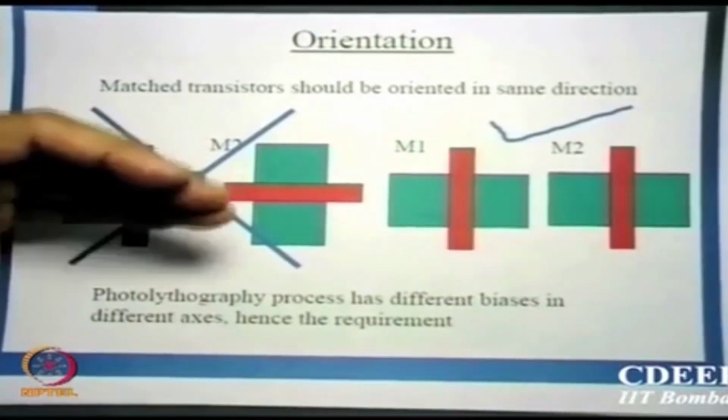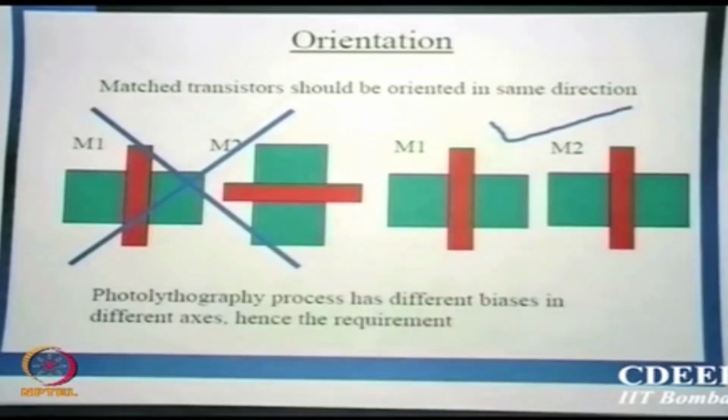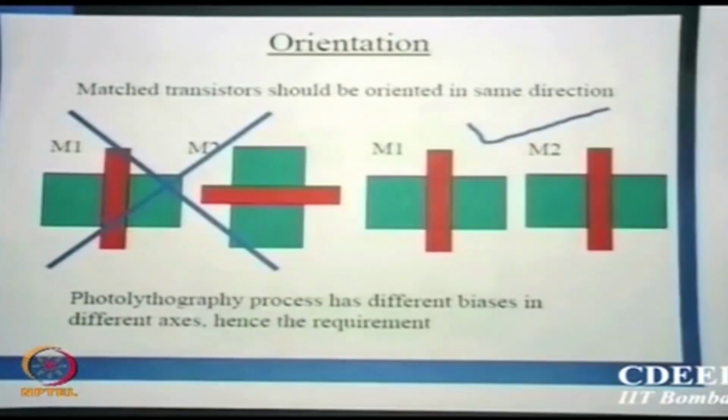If you have this, all of them should be horizontal or all of them should be vertical. Preferably do the same everywhere, but in another cell you may change if you need connections on the other side. But in the small area, whichever cell area you are creating, symmetry has to be 100% maintained. This is called the orientation effect.